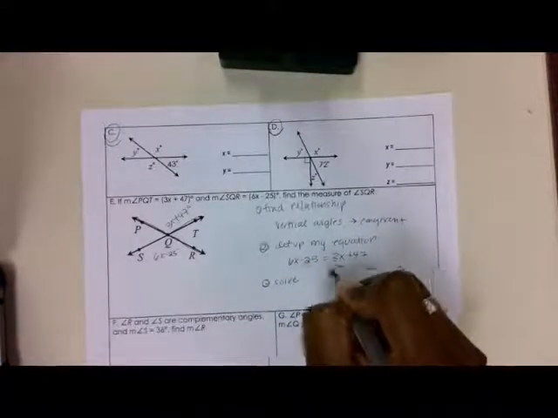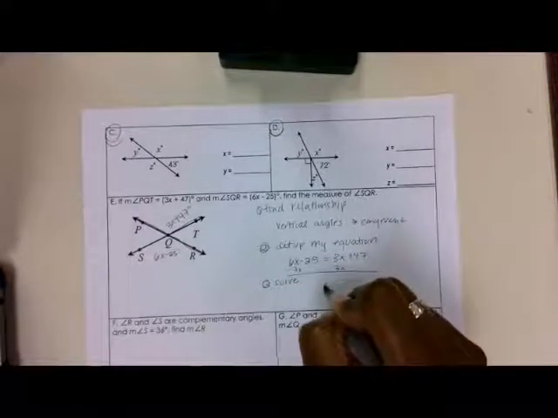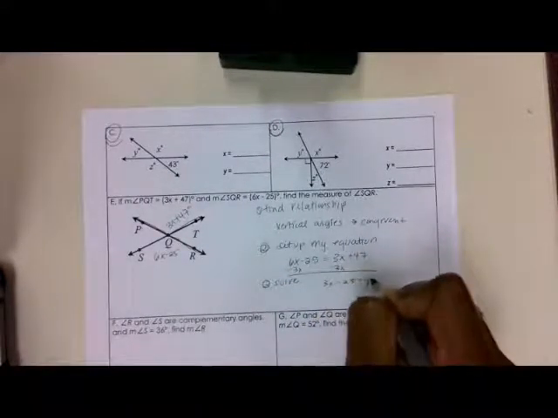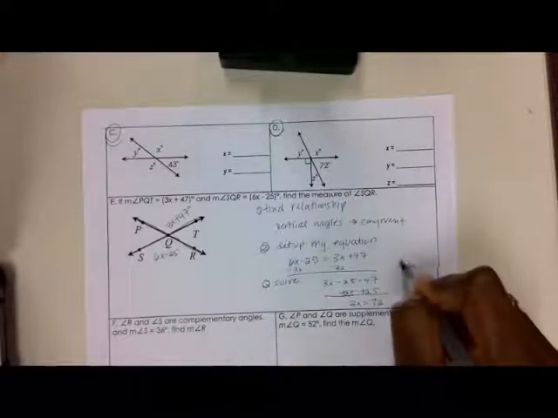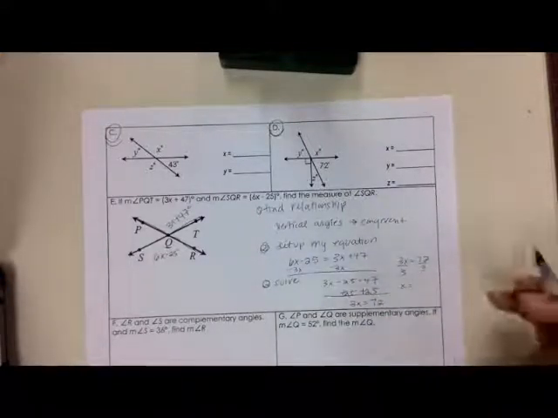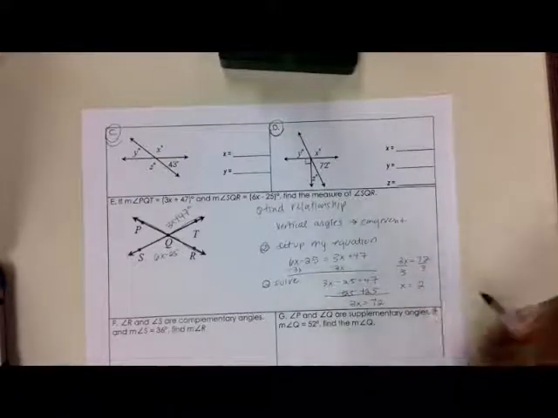And then I solve. So, subtract 3x. 3x minus 25 equals 47. Add 25. 3x equals 72. I'm going to rewrite it up here. Divide by 3.